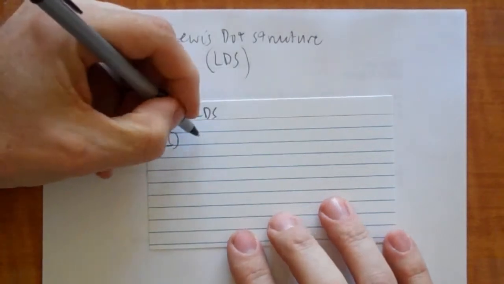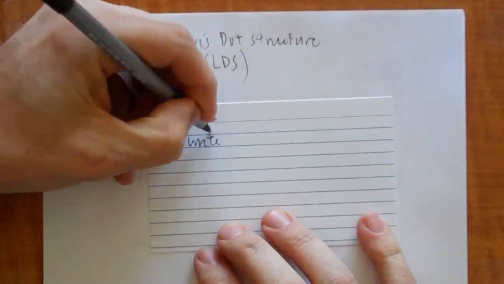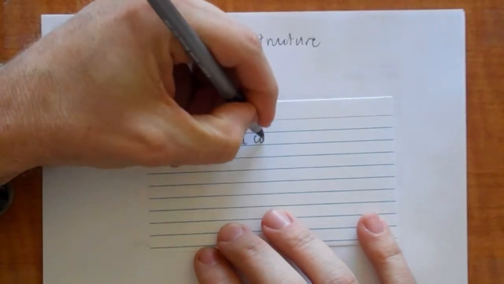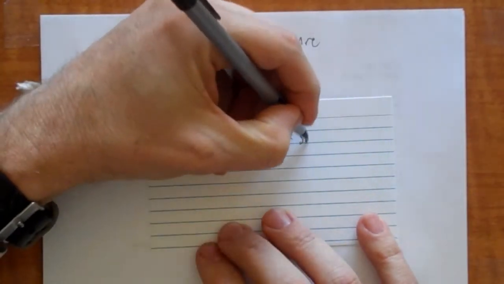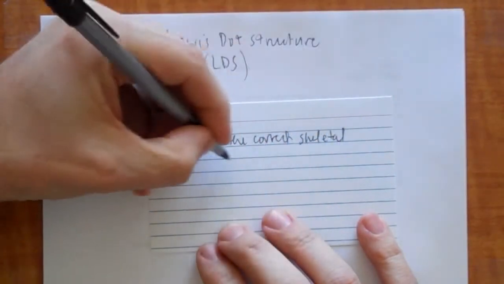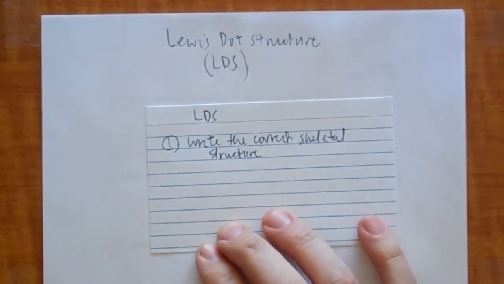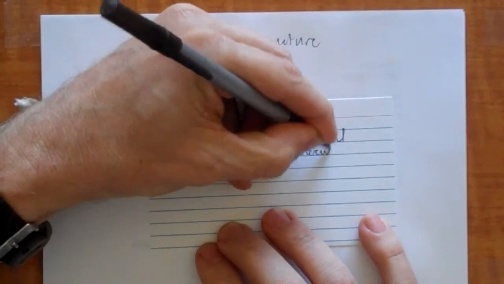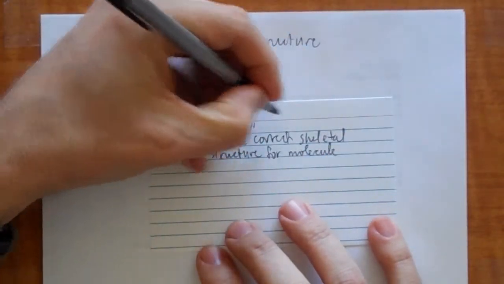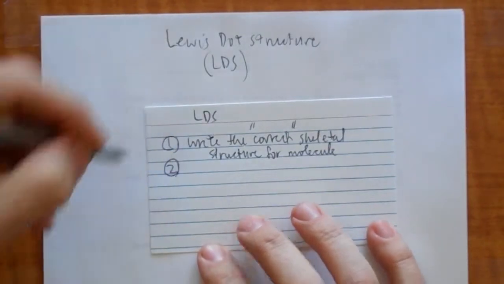Step 1 is, I'm just going to read it to you because you can't see it: write the correct skeletal structure for the molecule. Wow. Correct? What does correct mean? We'll come back to that.